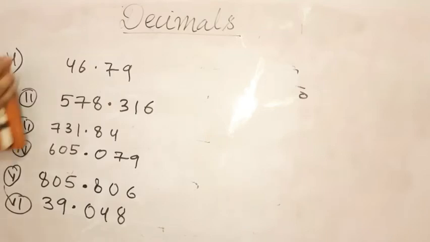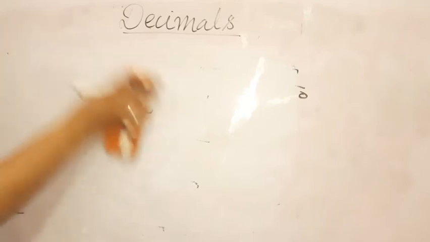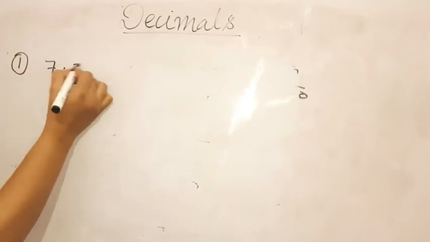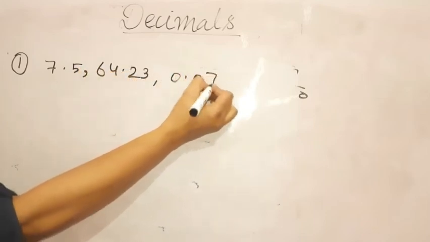Moving on to the next one, that is question number 5. So students, question number 5 is convert each of the following into like decimals. How do we convert the decimals into like decimals? If you know the answer, you can comment down in the comment section. Students, what you have to do? We have to check. The first option is 7.5, 64.23, then 0.074.